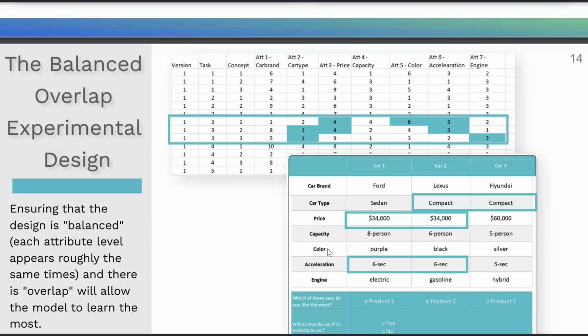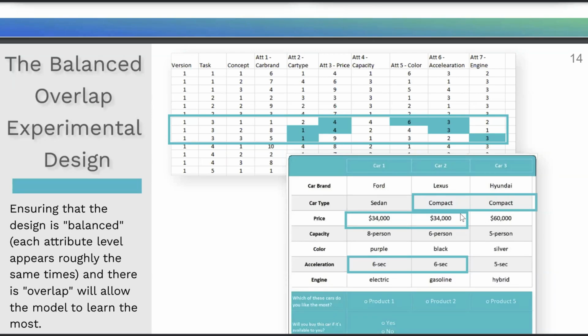And the second thing is the overlap. What is an overlap? Well, in this case, you can see the car type is a sedan, but you show compact twice. There's an overlap here. Why is the overlap important in learning? What if you have somebody that really likes compact cars, and if you were to show compact car maybe once, then that person would always select compact.